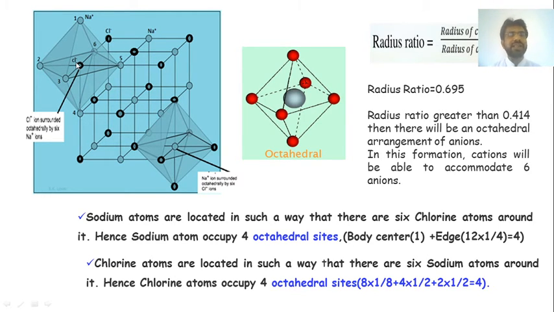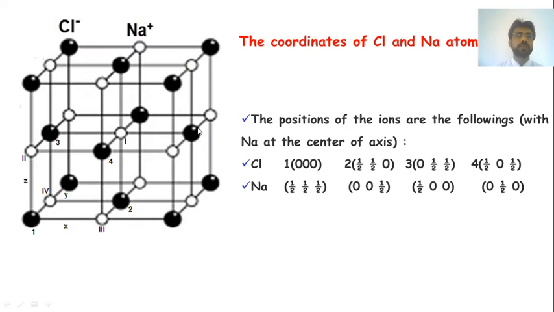So similarly in this NaCl structure, the chlorine atoms will also occupy the 4 octahedral sites. So remember what is meant by the octahedral site, how the sodium atoms and the chlorine atoms occupy the octahedral site in this NaCl structure, and how many octahedral sites are possible in the case of the Na atoms and the Cl atoms.